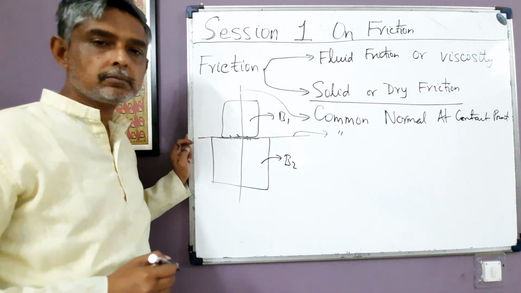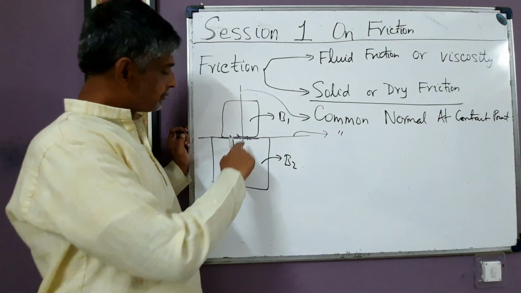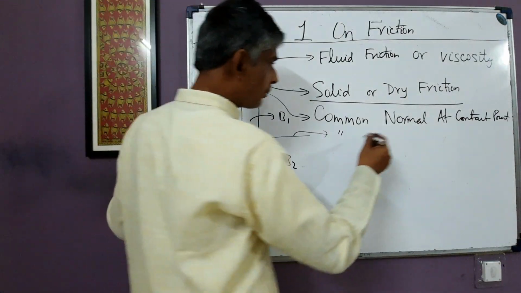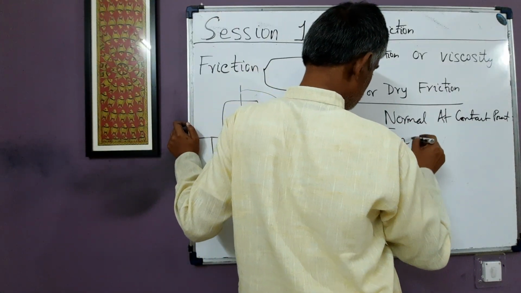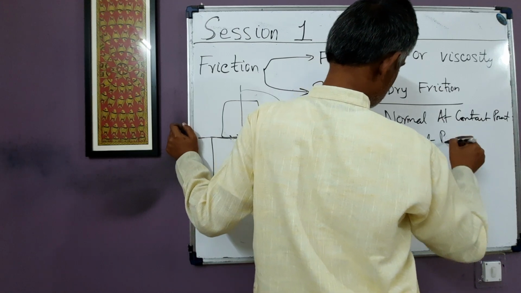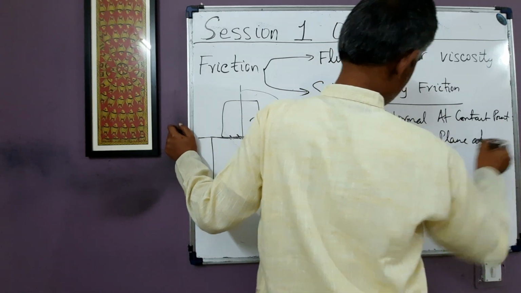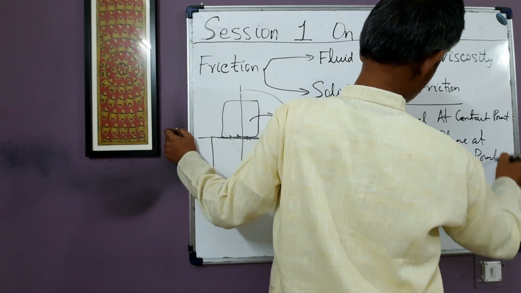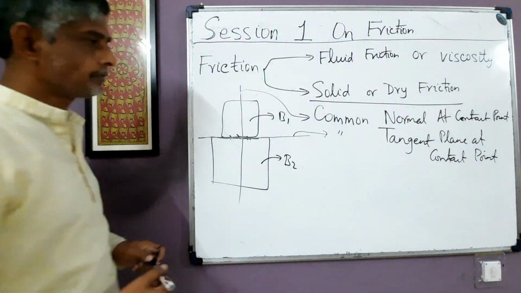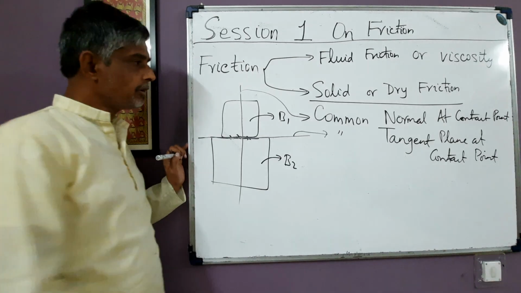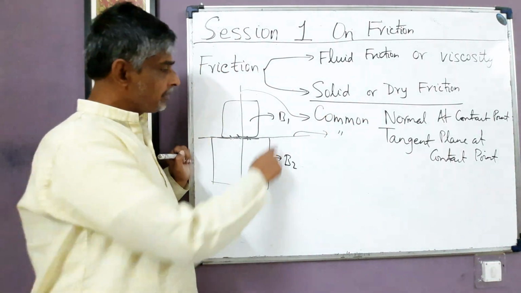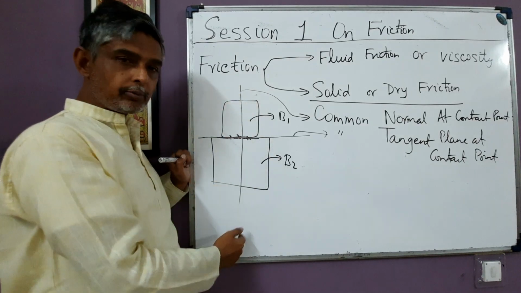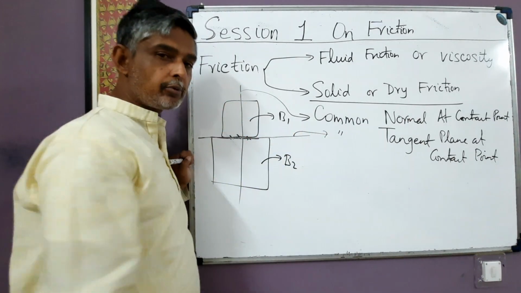Tangent plane means a plane surface which touches both the solid bodies at the contact point. So B1, B2 are two solid bodies in mutual contact. This is the common normal at the contact point. This is the common tangent plane at the contact point.